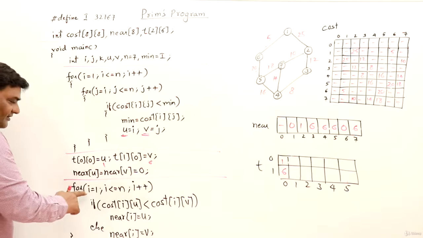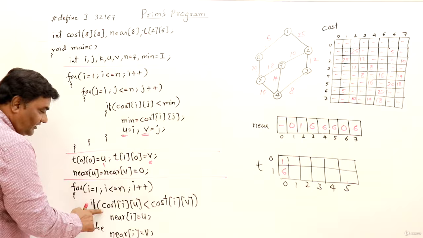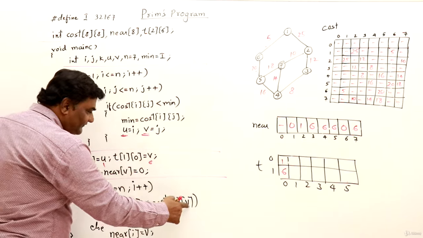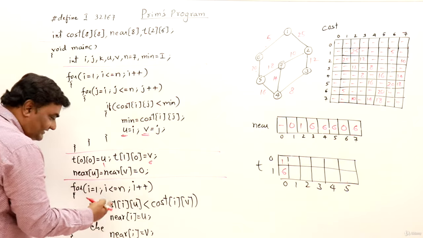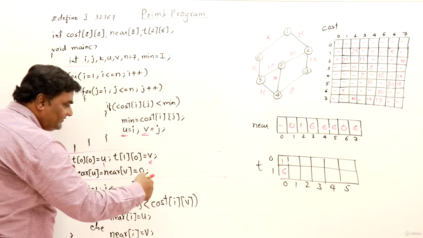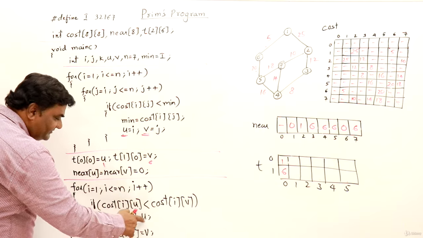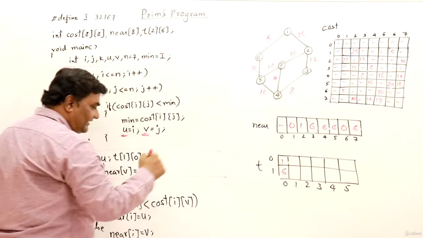Same thing. For I assign 1 to n, so I am checking all, right? Cost of u comma I is less than cost of I comma v, that is, whether I is nearer to u or nearer to v. If it is smaller, that is nearer to u, then update it as u, otherwise v. So it's nearer to 1 or 6, whichever is nearer, write that.